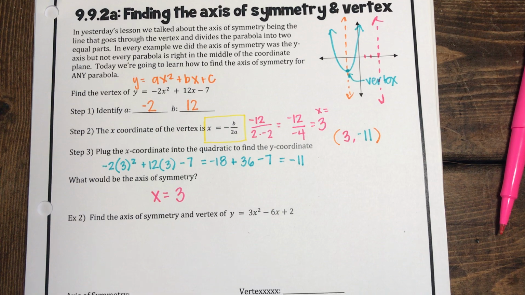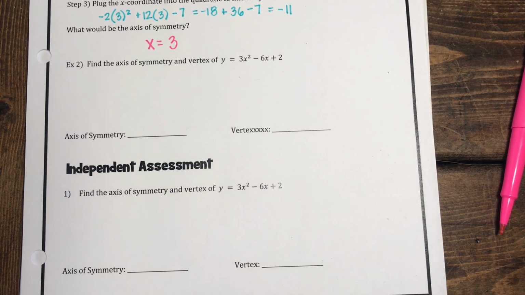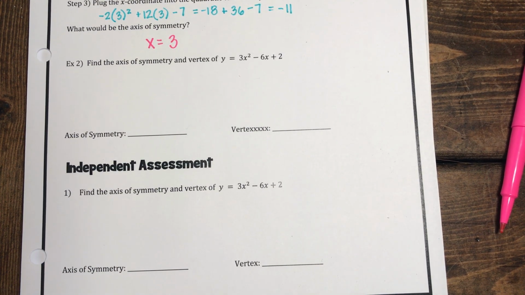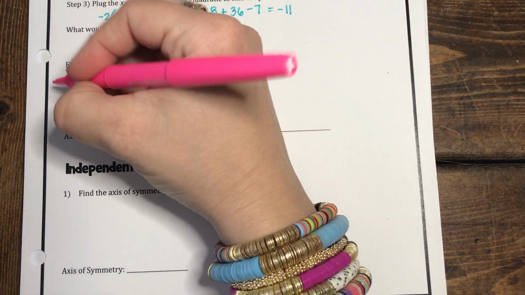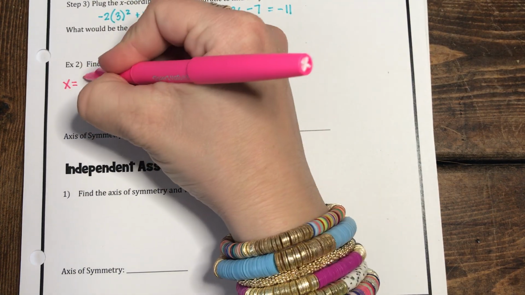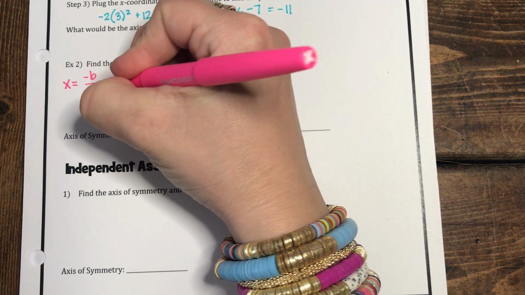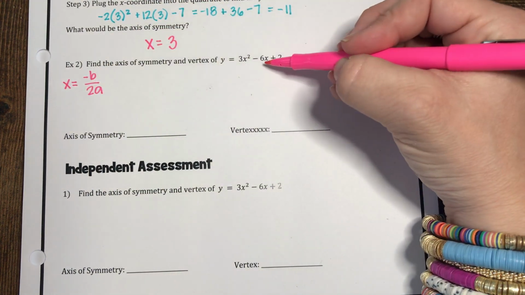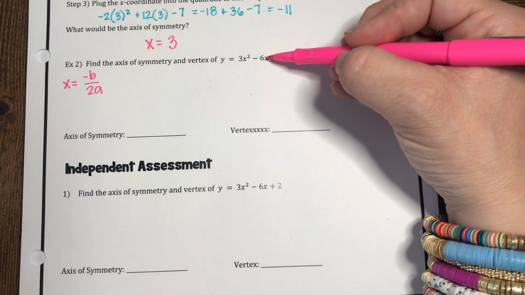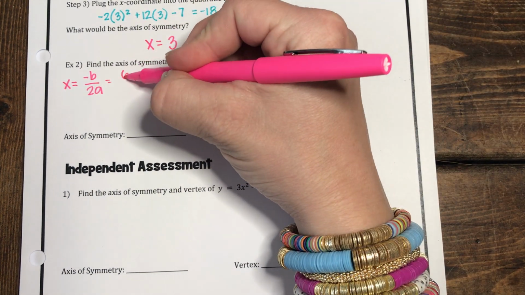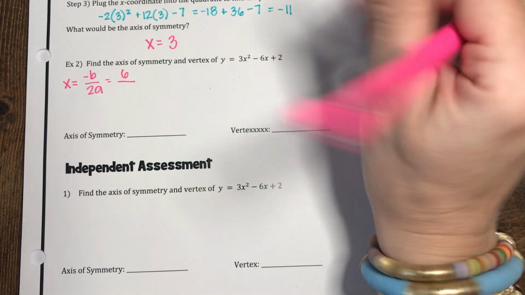On number 2, it says find the axis of symmetry and the vertex of y equals 3x squared minus 6x plus 2. The first thing I need to figure out is x. Remember, it's negative b over 2a. If b is already negative 6, what's negative negative 6? Positive 6, over 2 times a.